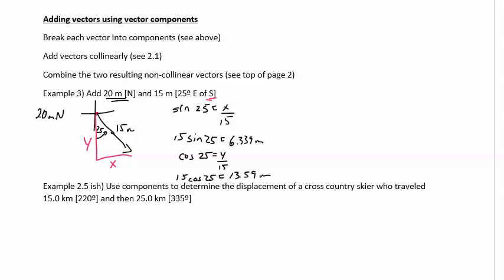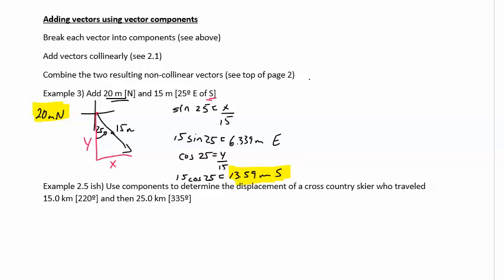Okay, so we've got everything broken up. This was the x component, and so it is moving east, that's south, and so essentially we're going to need to add all the y's together and add all the x's together, although there's only one x. So adding these y's together results in 20 meters north and 13.59 meters south.